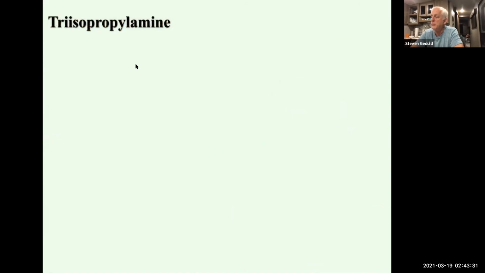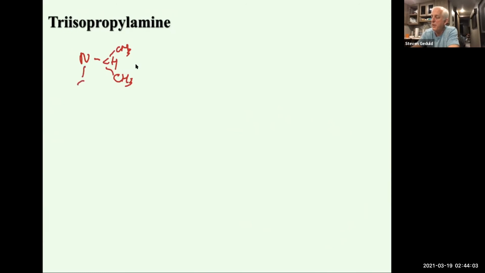Tri-isopropyl amine. Okay, so it's a common name. There are 3 isopropyl groups attached to a nitrogen. So this is a tertiary amine, and every one of these is going to have CH. Remember, isopropyl is a 3-carbon chain attached at the middle carbon.